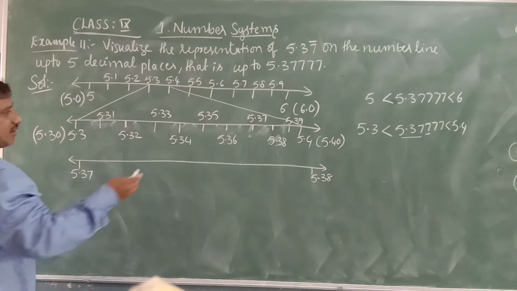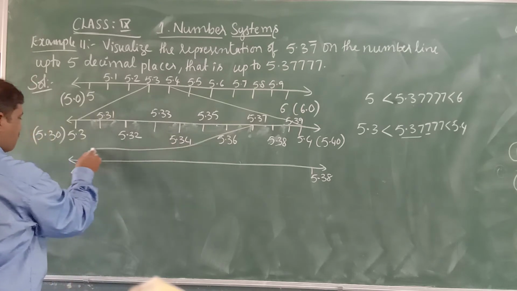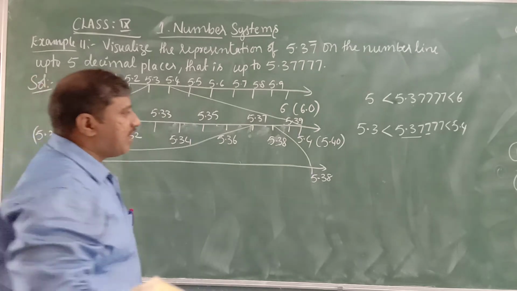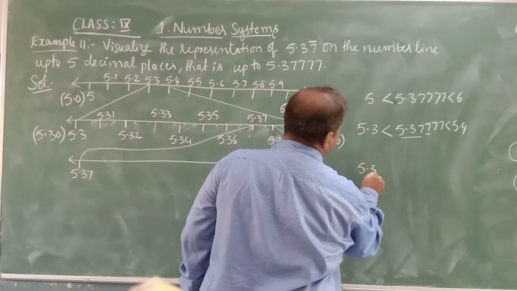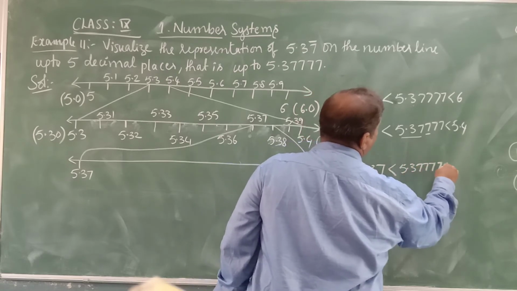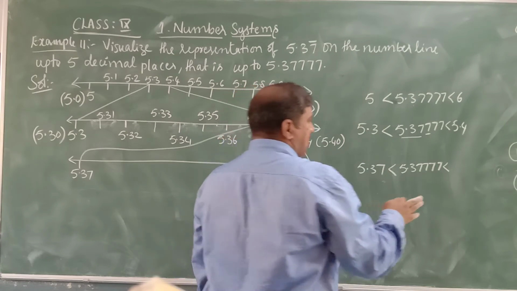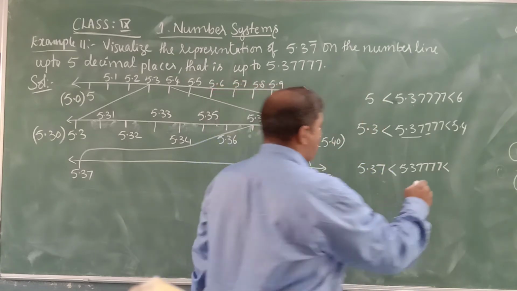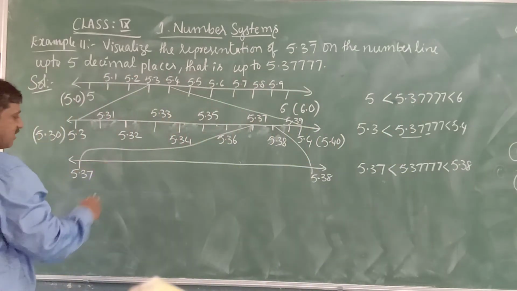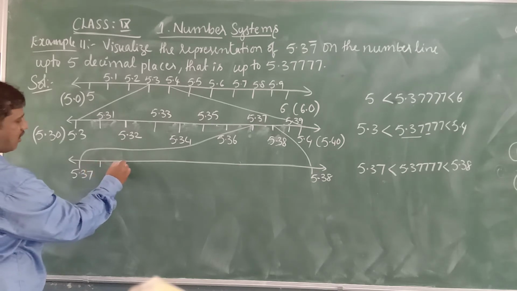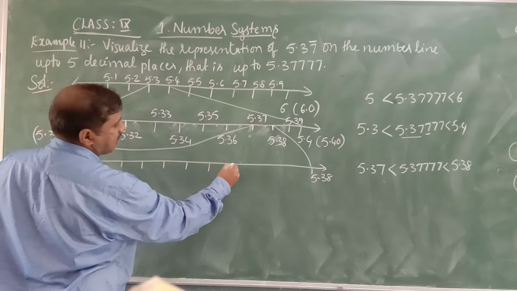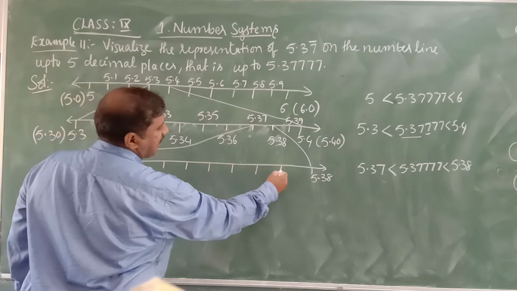Here 5.37 is less than 5.3777, and 5.3777 is less than 5.38. Now you divide this space into 10 equal parts: 1, 2, 3, 4, 5, 6, 7, 8, 9 and 10.